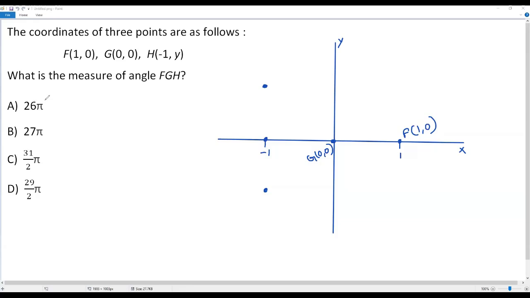Now let's consider the angle measures in the given answer choices, and we have to identify the terminal side of each angle measure. For example, consider the angle measure in answer choice A, that is 26 pi.